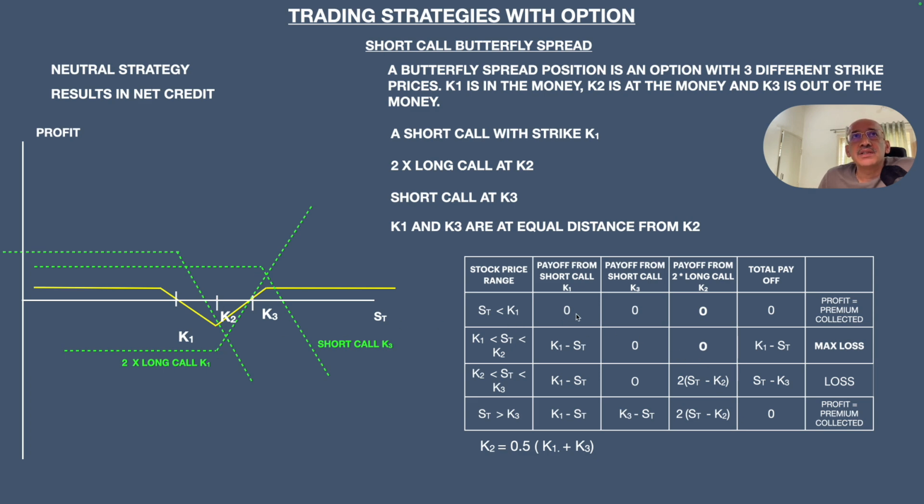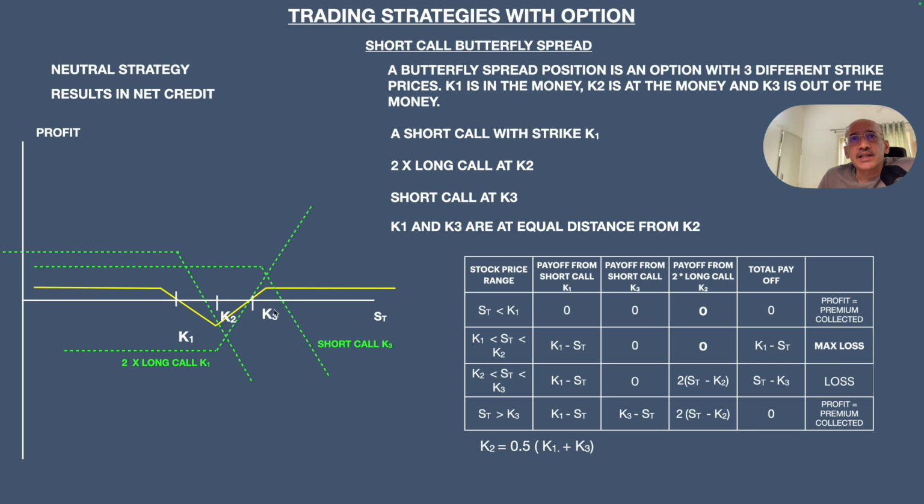So what happens, since it is a net credit spread, if it is less than K1, you will result in a premium collection. Whatever the net premium you have collected, that is going to be your profit. However, if the strike price at the end of the expiration is between K1 and K2, what is going to happen? Your long call will not give you any profit, and you lose the premium from these two long calls.